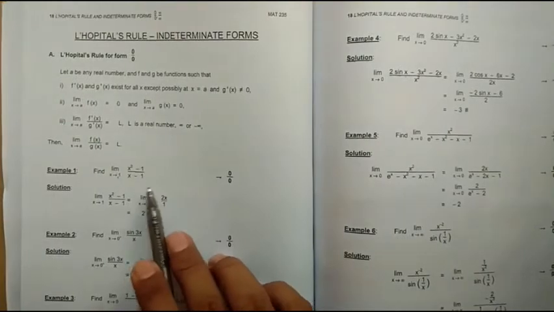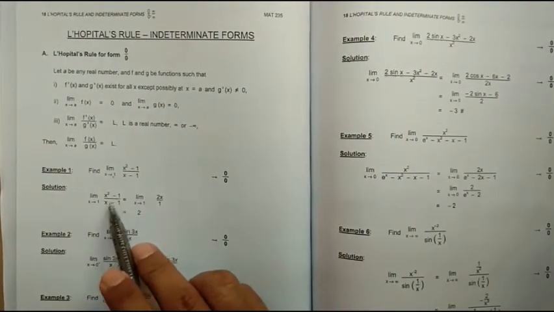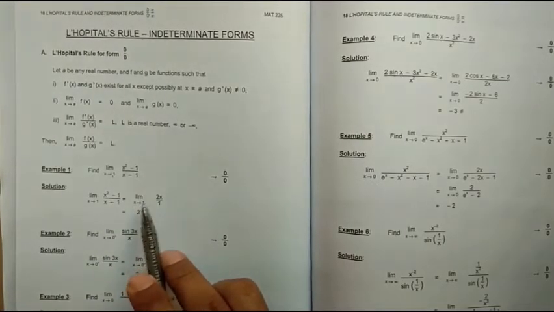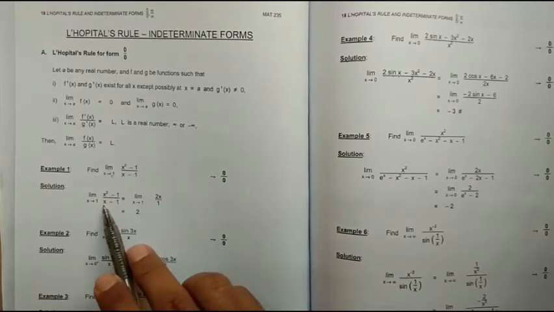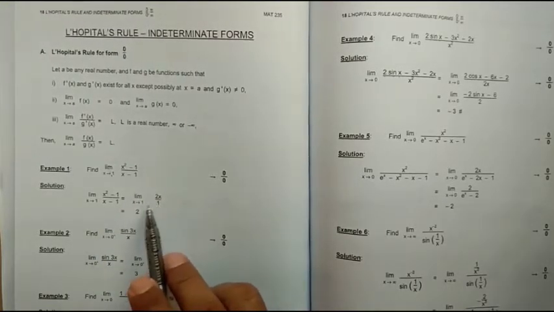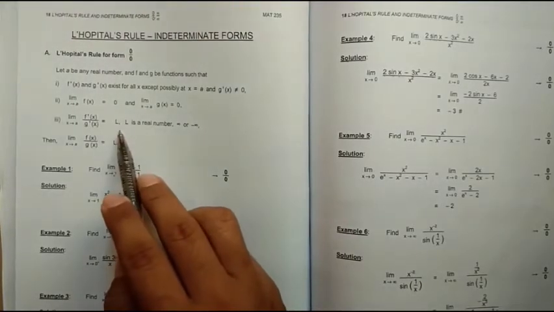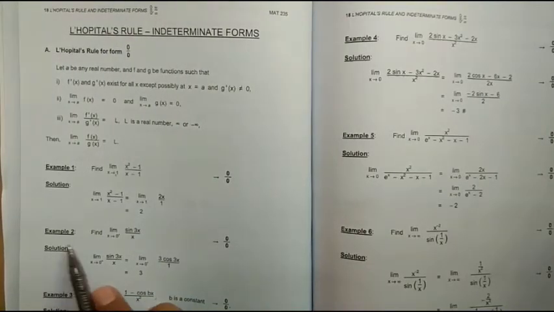So apa nak buat? Okay, kita ikut je definition. Limit x approaches 1, x square minus 1 over x minus 1 equals limit x approaches 1, 2x over 1. Differentiate x square, we get 2x. Differentiate x, we get 1. So substitute x equals 1, we get 2. 2 is the L.